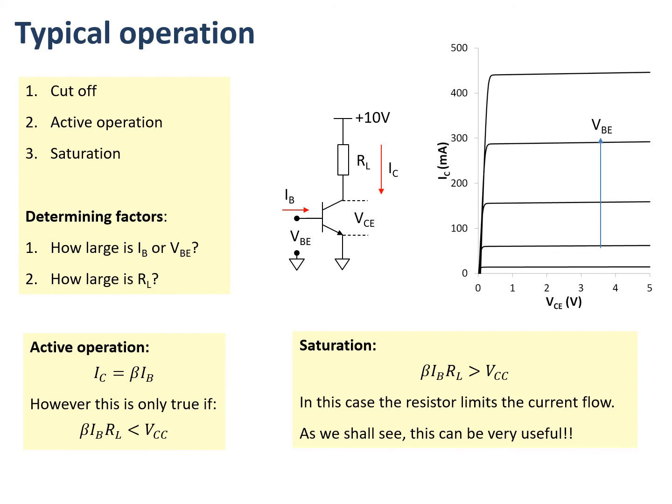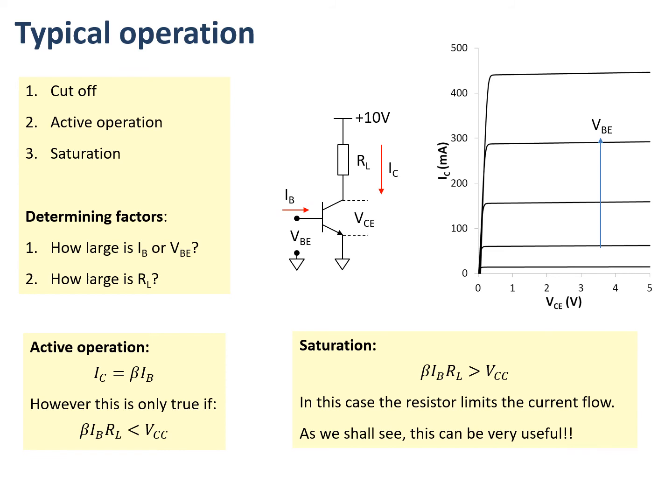So let's start to introduce some components into this and think about, for example, a resistor in series with the collector and the emitter current as shown in the diagram. My transistor operation is going to be determined, for example, by the base current that I feed in, or the voltage, if you like, around VBE. But it's also going to be influenced by the RL value as well.